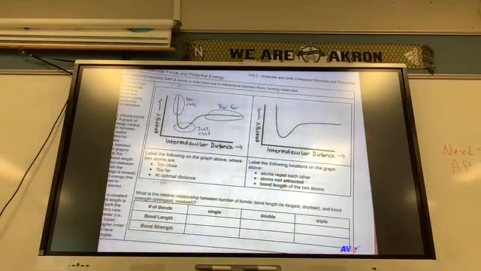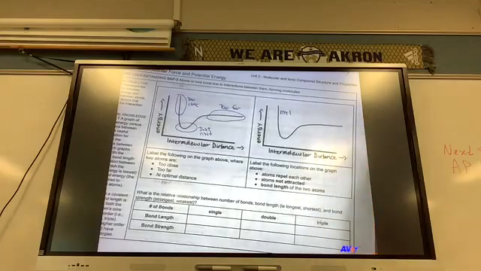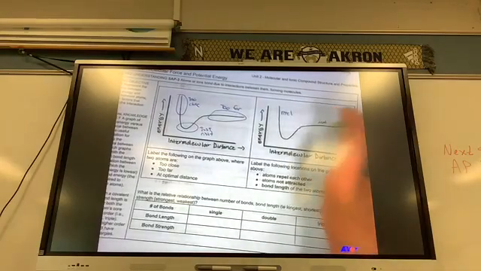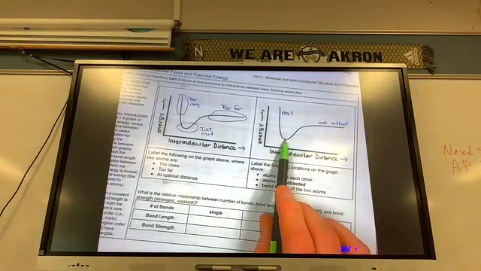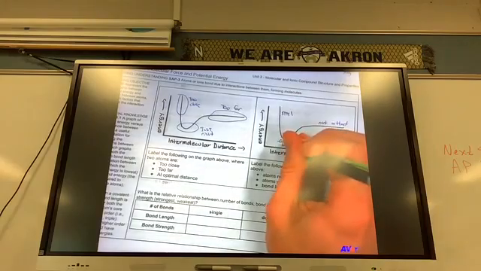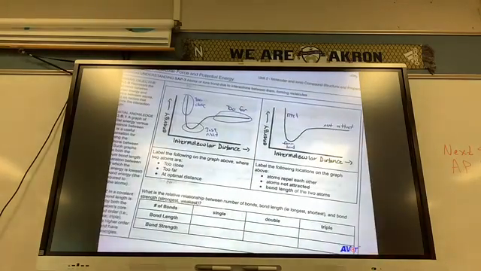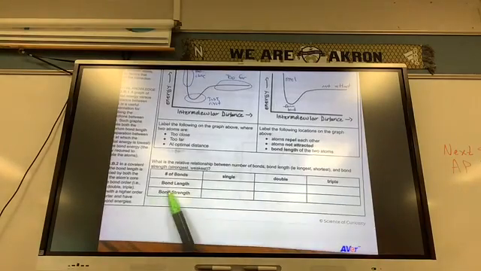They're going to repel. If these are too far, they're not going to attract. And if they're right here, what are they going to form? They form a bond. This was measured in picometers.